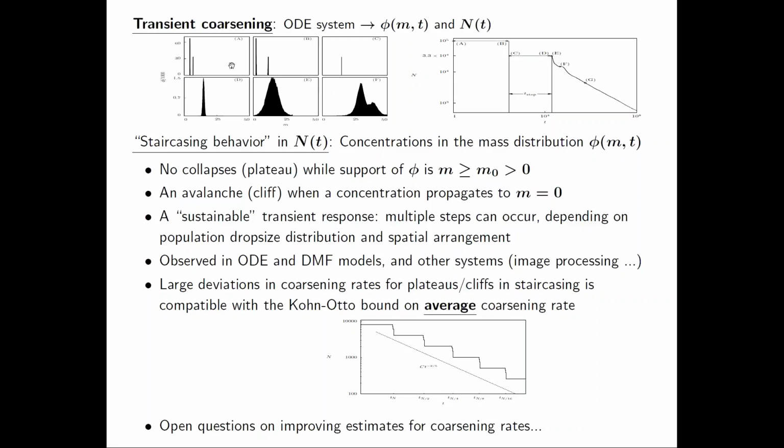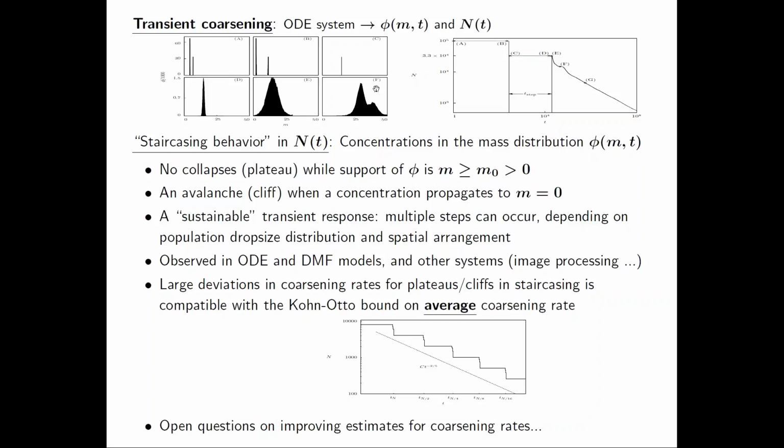The velocity always tends to say the small drops decrease in size while the large drops get bigger. So the rich get richer as the small get eaten up. All of the small drops are going to propagate to mass equals zero as the large drops collect the mass. That's what's happening here as the separation between small and large drops gets larger, and eventually these drops all vanish at the same time.